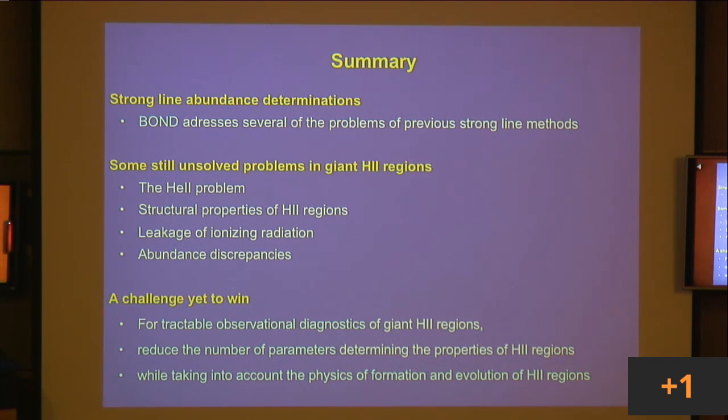Am I correct? Sorry, in general, if you use recombination lines and if you assume that the gas is well mixed, the nitrogen to oxygen ratio increases with the oxygen to hydrogen ratio. I don't know if this is what comes here.